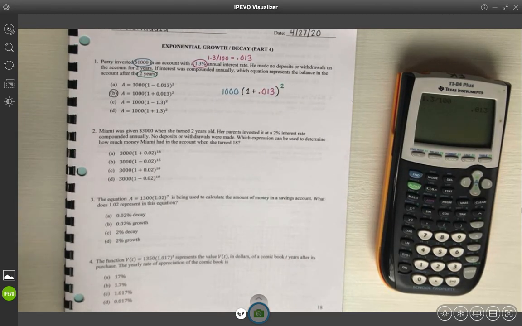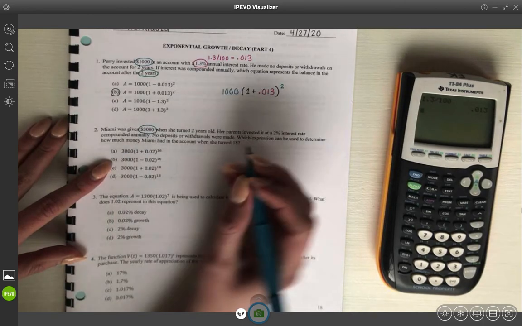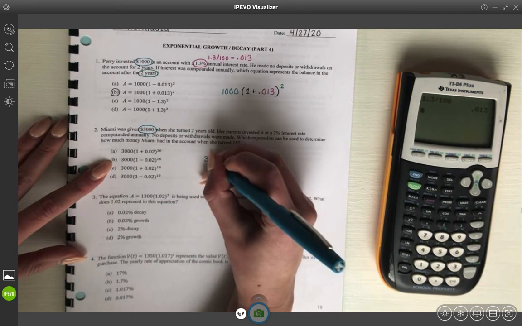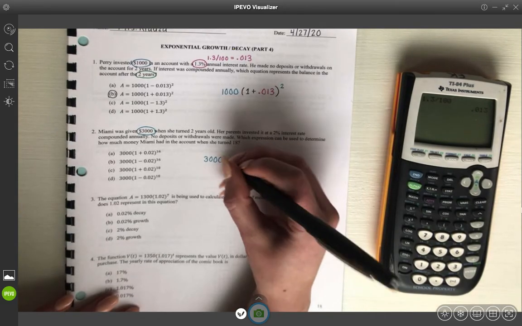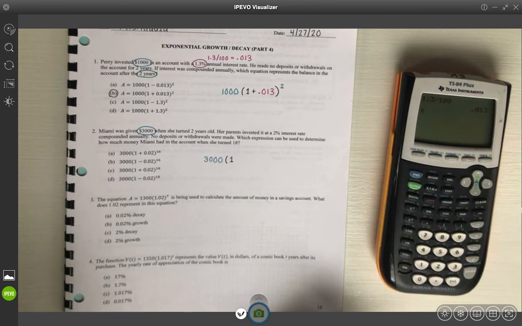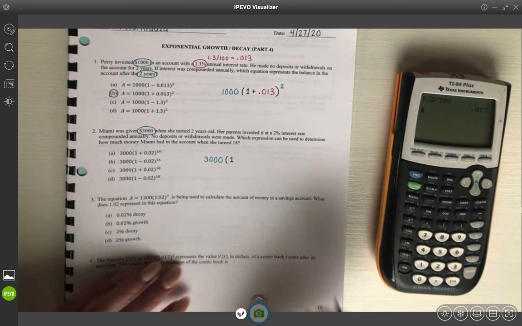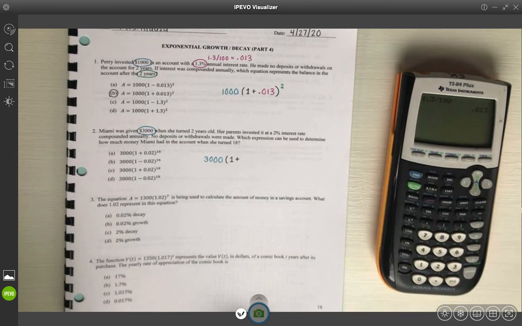Okay, so the first important piece to this is the $3,000 that she's starting with. That goes out in front. Then we always do parenthesis 1, and we decide if this account is growing or decaying. This account is growing. They invested money in a savings account. So we're going to use a plus sign.